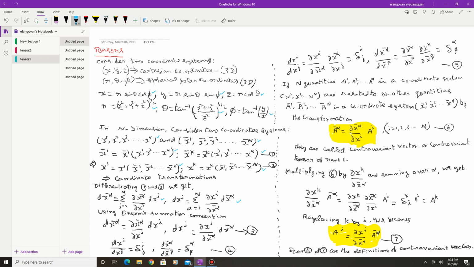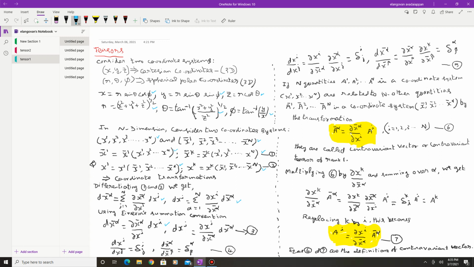If there is a repeated index, that means the summation is over i, from i equal to 1 to n, so the summation sign is buried. So we can remove that summation sign from the expression. When two indices, here also i, are repeated, then the summation sign is buried.